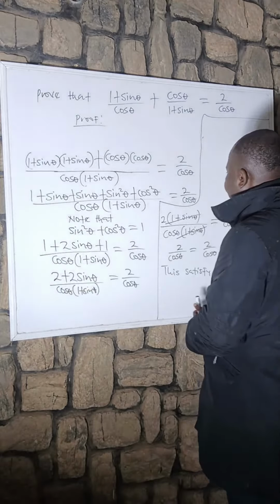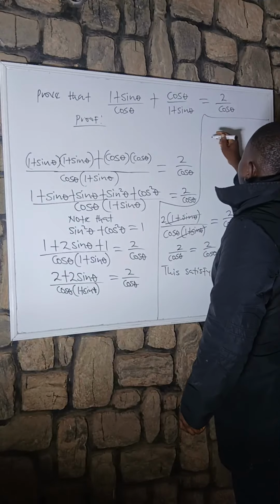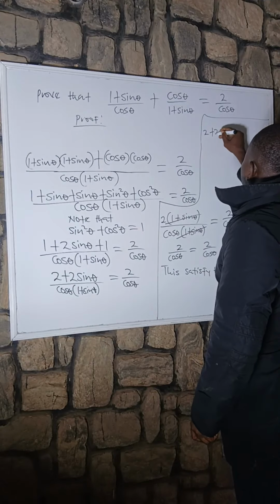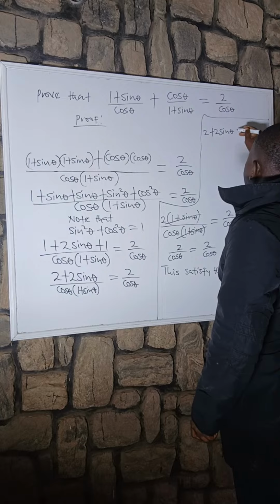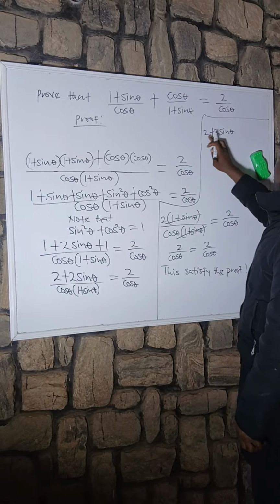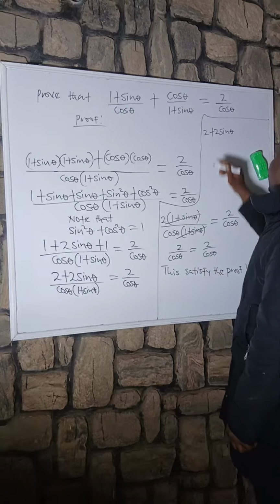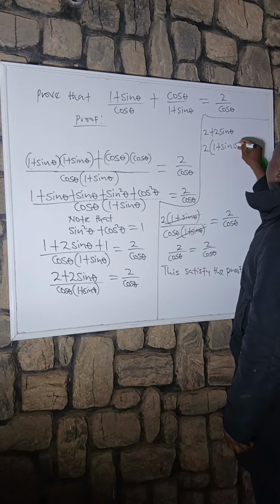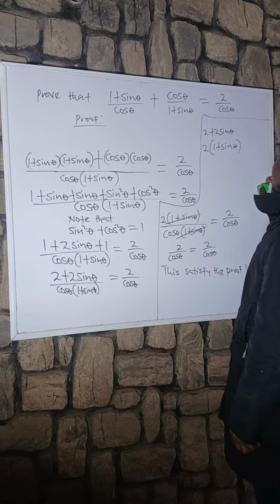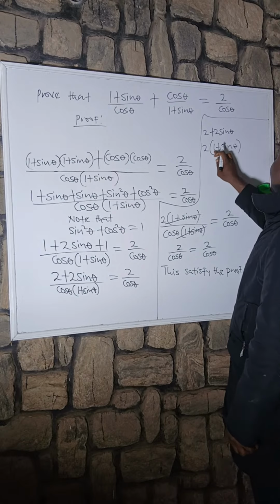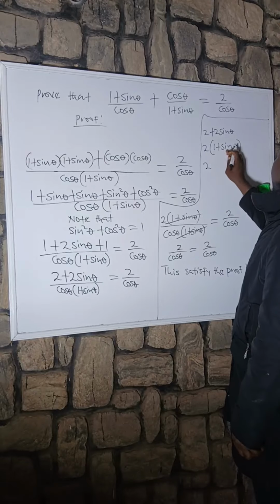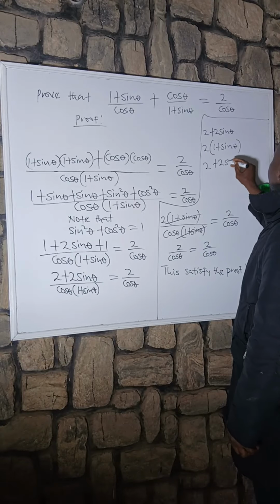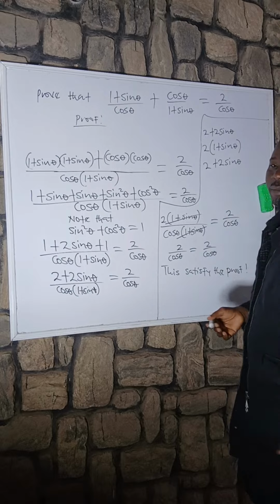Look at it here now. If we have 2 plus 2 sine theta, what is common here? 2. We factor out 2, 1 plus sine theta. By the time you use this one to multiply this, you get back 2. Use this to multiply this, you get back 2 sine theta. It's the same thing now.